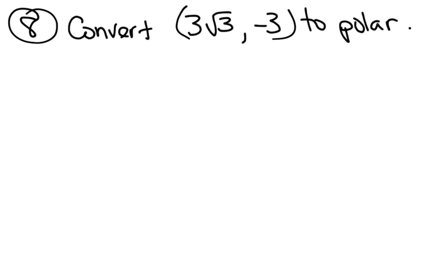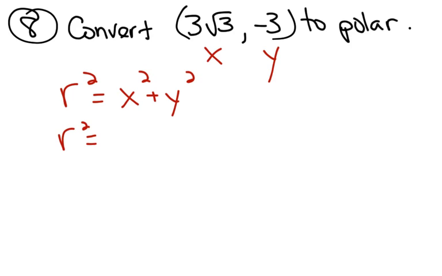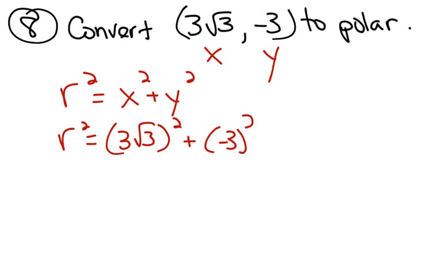Now let's try one where we convert rectangular coordinates to polar coordinates. So this is x and y. One of the things we said is that r squared is x squared plus y squared. So we're going to square this and square this. 3 square root of 3, when you square it, is 27. And negative 3 squared is 9.